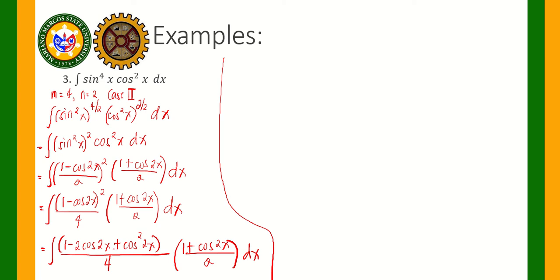So from there, we still simplify. So, i-multiply natin si numerator by the numerator and then denominator by the denominator. So, this will be equal to, medyo mahaba-haba to. So, this will be equal to 1 minus 2 cosine 2x. Si 1 muna yung i-distribute natin or yung i-multiply natin. So, minus 2 cosine 2x and then plus cosine squared 2x plus cosine 2x.